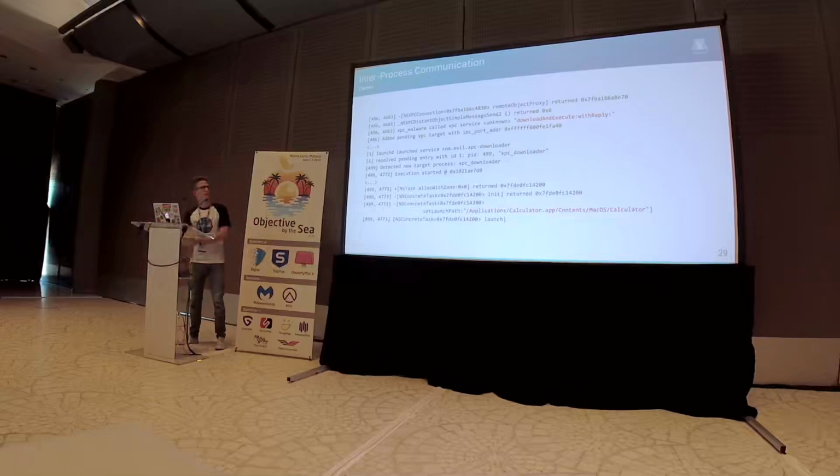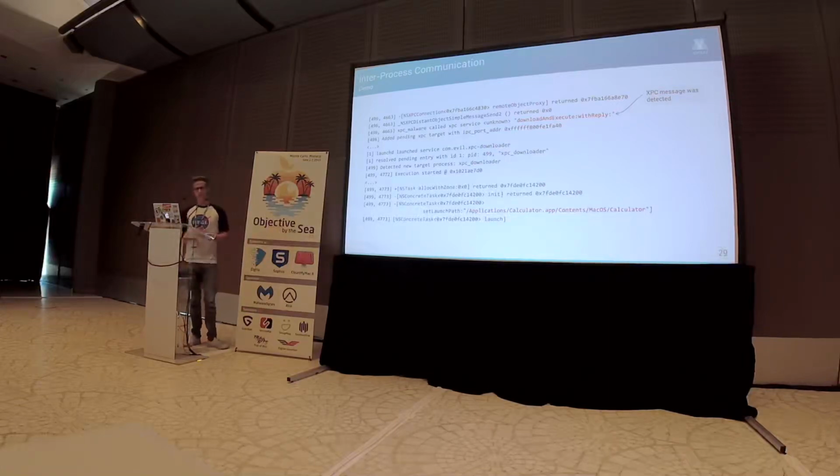So again, let's have a look at what this looks like in the analyzer. We see the call to remote proxy object, and then the call to some NSXPC method. And at this point, we detect that there was an XPC message. We extract the method selector from the invocation data blob, but we don't know the process name yet.